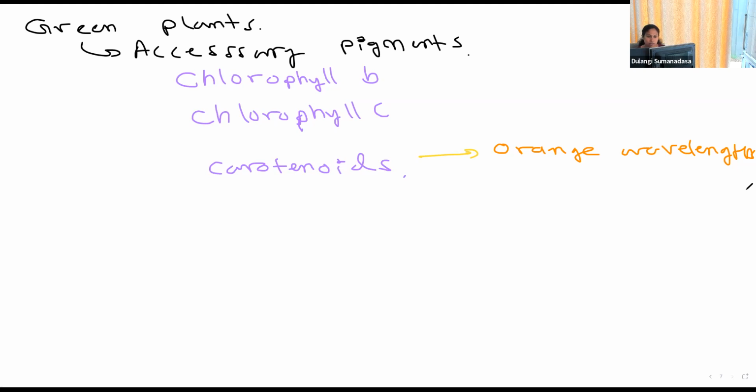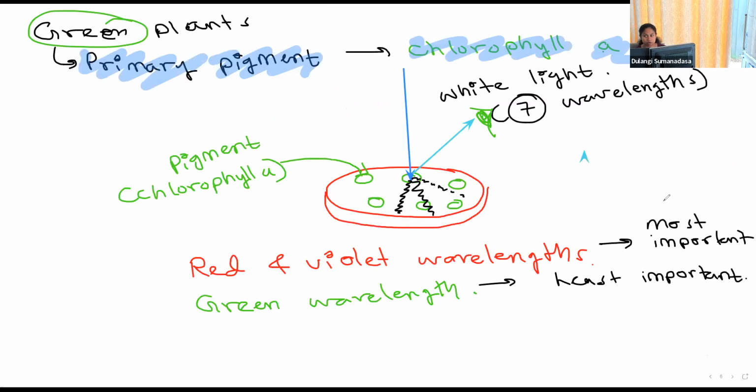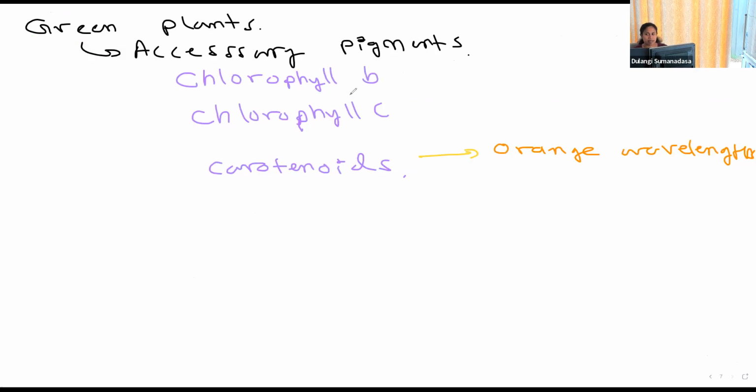No need for the winter part, but remember, when it comes to photosynthesis, the main photosynthetic output comes from the chlorophyll A. But for green plants or any plant, it's not just one pigment that's going to contribute. There are other accessory pigments absorbing at different wavelengths.